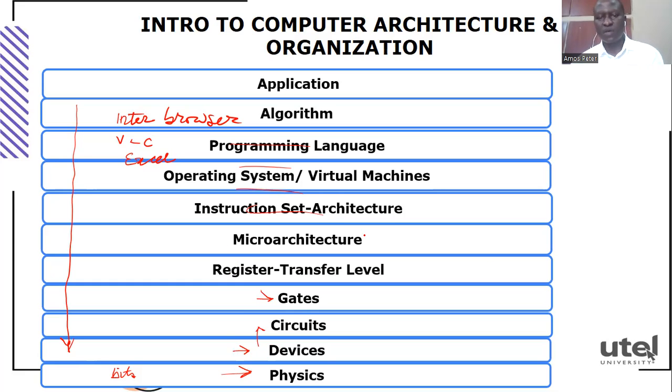Then we have the microarchitecture, what in other climes is also referred to as the computer organization. Then here we have the microarchitecture, which is also referred to as the big A architecture.